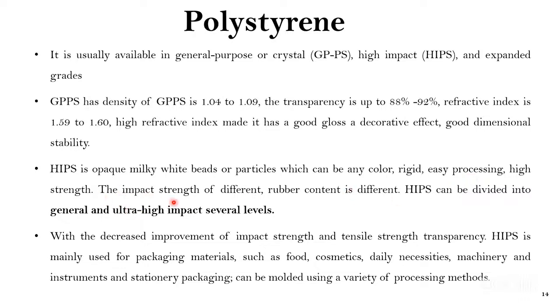The impact strength of different rubber content is different. HIPS can be divided into two parts. Further, this HIPS has two kinds: one is general, another is ultra high impact, with several levels. So this further division depends upon the impact strength.